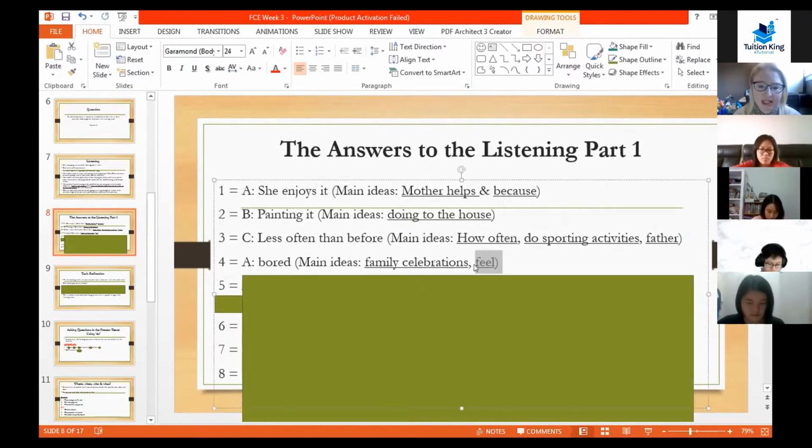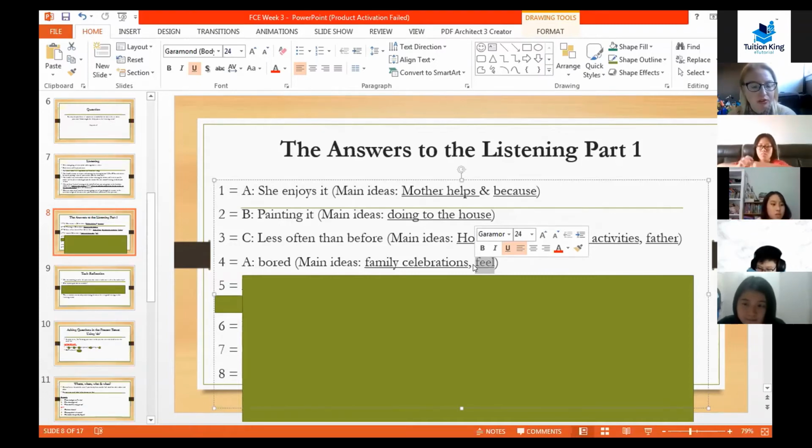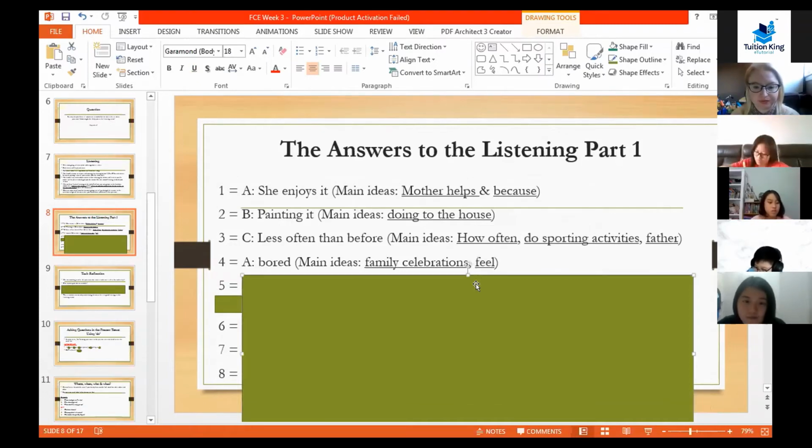So how does it make him feel? As we've noted, you might not even hear the word feel as such. The reason we underline feel is because this tells you you're looking for some description of an emotion or state of being.